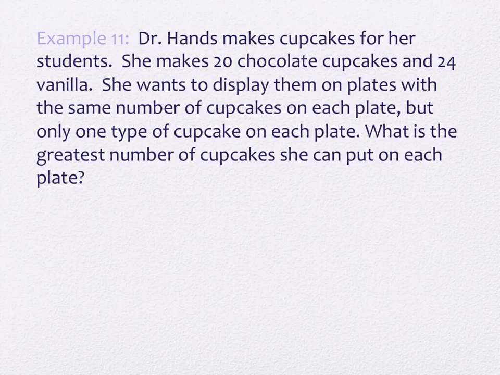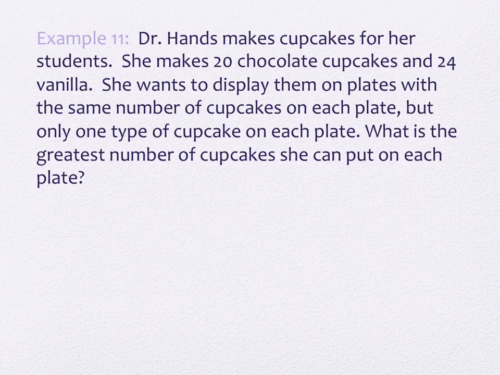So there are some conditions inside of this one that have to be met for this to make sense. One of the conditions is that there's chocolate and there's vanilla and they're not mixed together. If you mix them together, you have 44 cupcakes and you've lost the fact that you're trying to find something that divides 20 and 24 evenly. You mix them together, you get 44, and you can do all sorts of things that may or may not be appropriate.